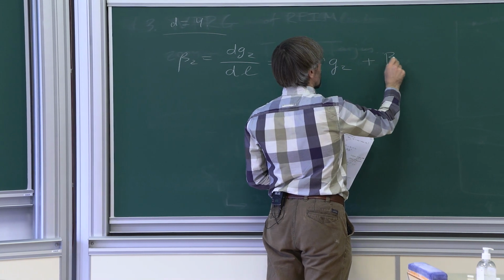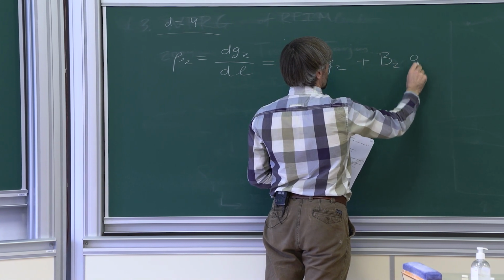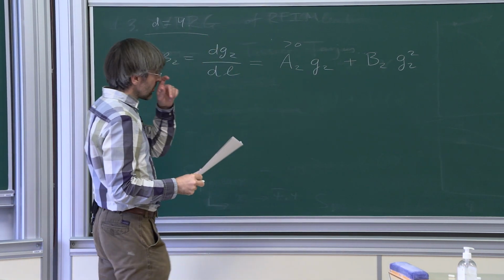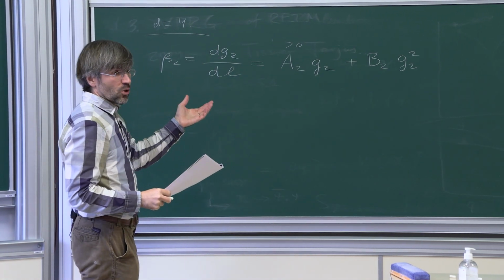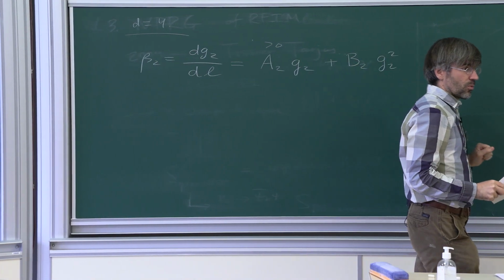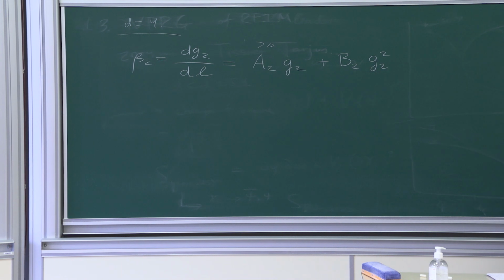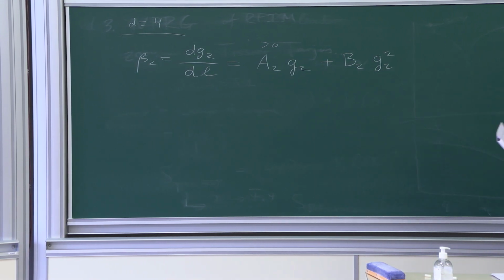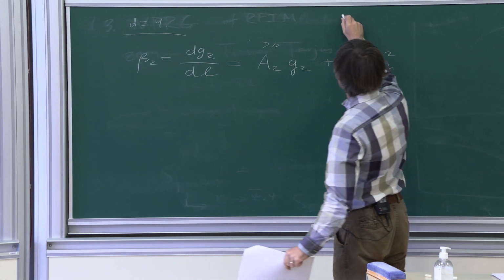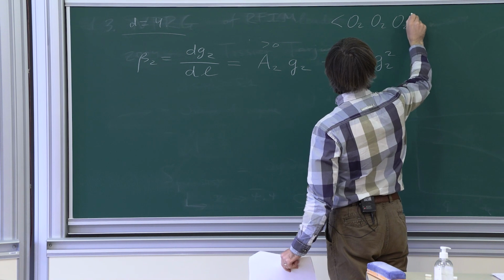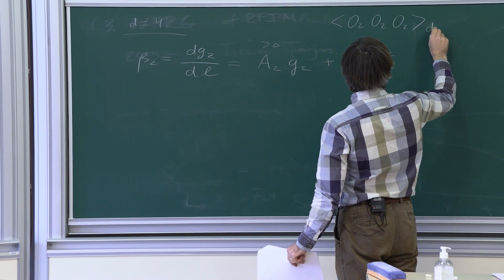Plus there's going to be some other term which is quadratic in G2, which is proportional to its own constant B2. So what is this constant B2? What do we know about it? This constant B2 is related to the OPE coefficient of the 3-point function O2, O2, O2 computed in d equal 4.